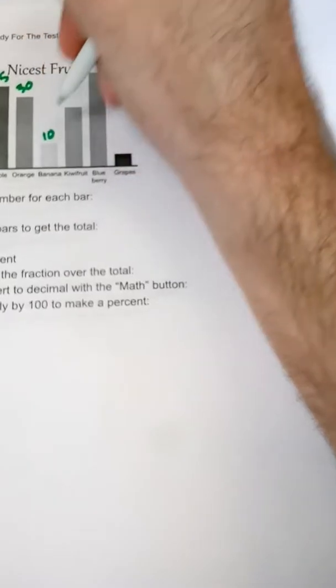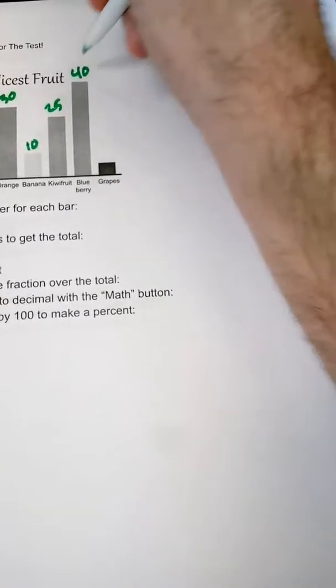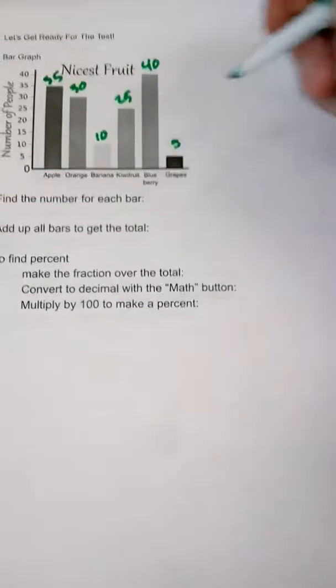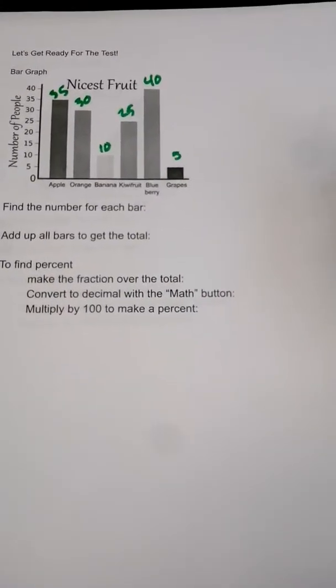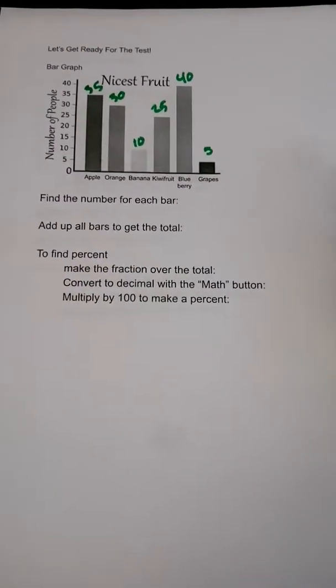Okay, this one is 35, this one is 30, 10, 25, 40, and 5. So you need to add up all those numbers and get the total.